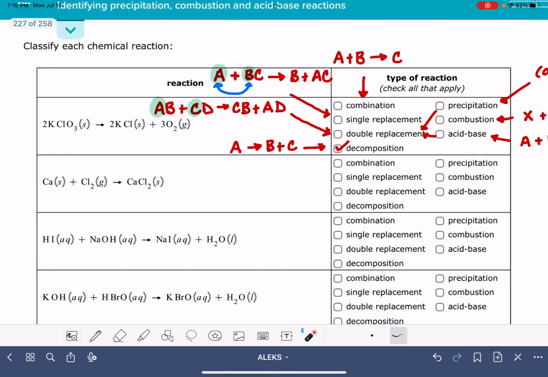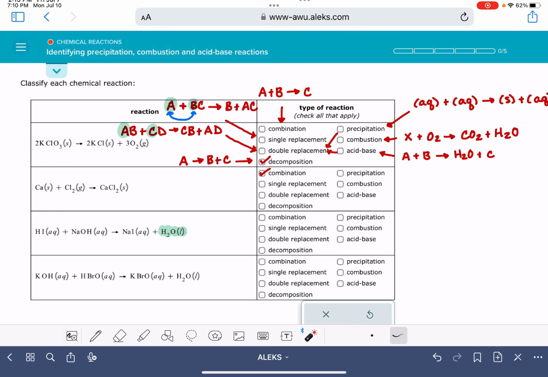Second reaction, we have two reactants converting into one product. That is an example of a combination reaction. For our third reaction, notice that we have the formation of water. There is no CO2 being formed, so we're forming water, kind of like an acid-base reaction. Before we decide, we do want to make sure that we are not looking at a combustion reaction because they both have the formation of water in common.